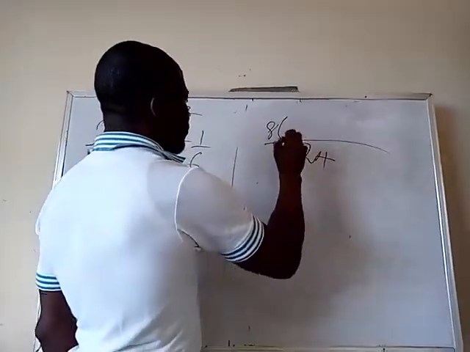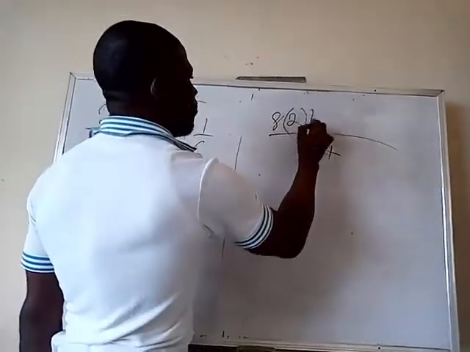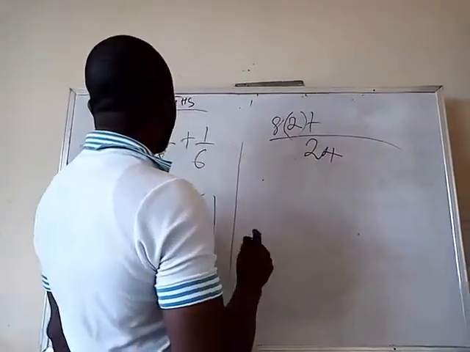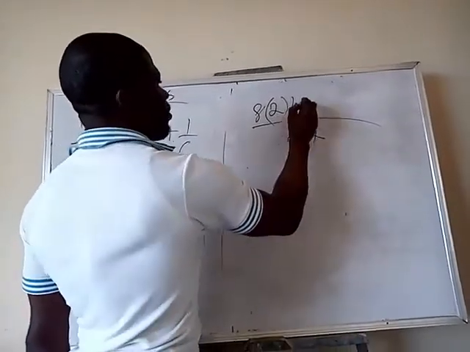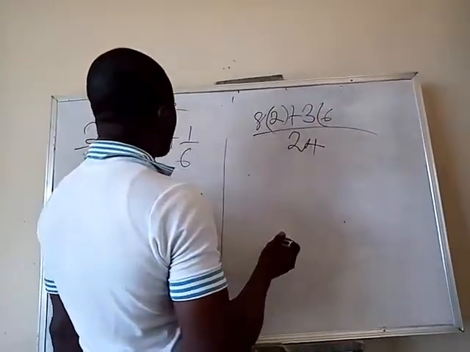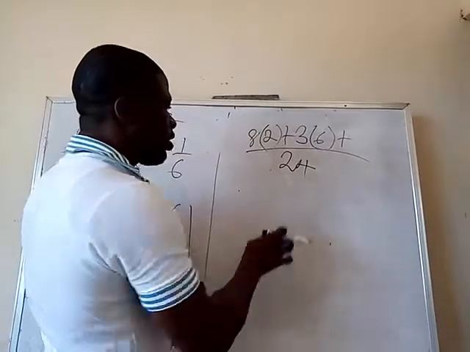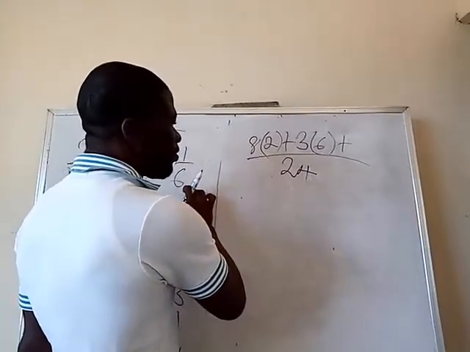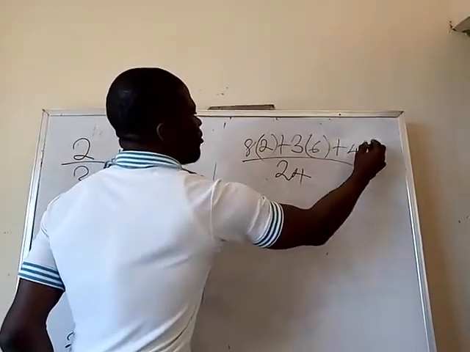You have 8, you put 2 inside, plus 24 divided by 8 will give me 3. You multiply by 3, you have 6. Close your bracket, plus 24 divided by 6 will give me 4. You have 4, multiply by 1.